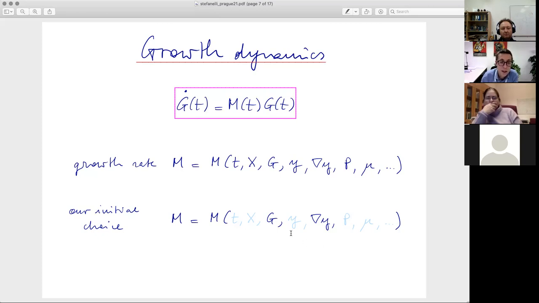And on the position, this is also easier to handle. We wanted to keep the dependence on the growth tensor and on the strain, because from a composition of these two, you also get, in a sense, the stress. So we dropped the stress, but we kept these two. Okay.